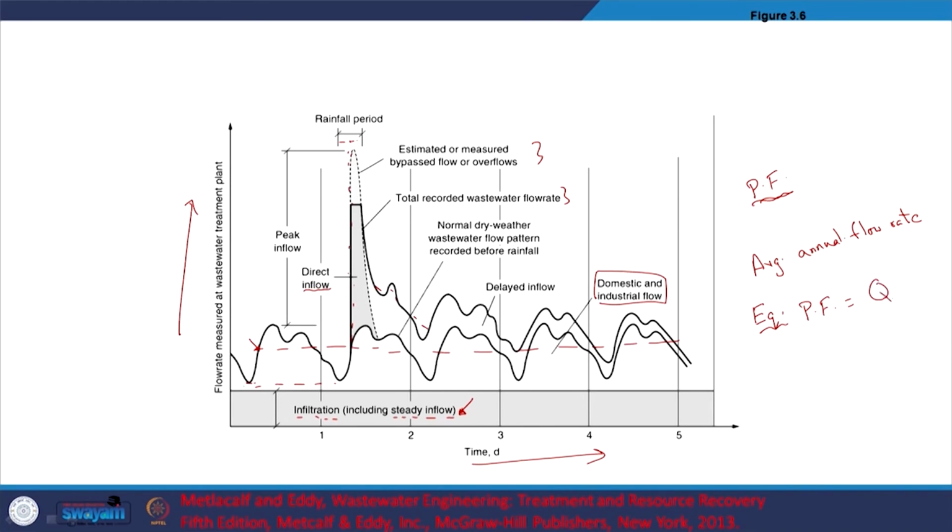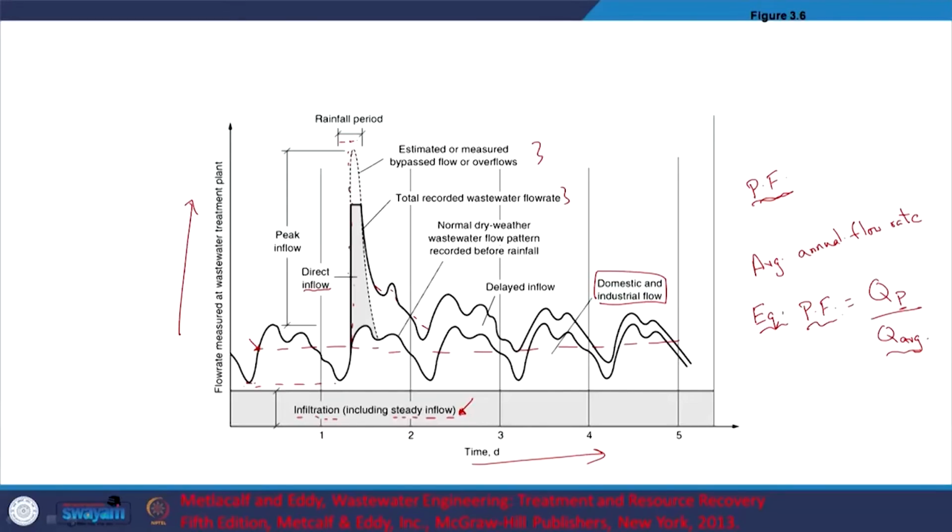So Q peak, the flow rate at the peak, by Q average. The peak can be hourly, let's say the maximum 1 hour flow rate that you saw within that 1 year or such, or it can be the monthly maximum flow. So typically you will look at that peak factor, and then depending upon your sewage treatment plant's capacity, you will think of adding an equalization tank or not.